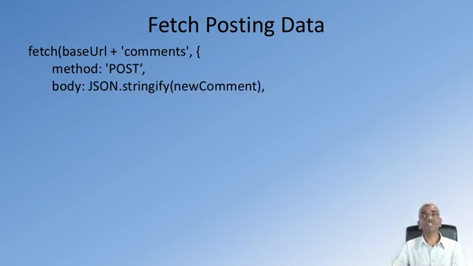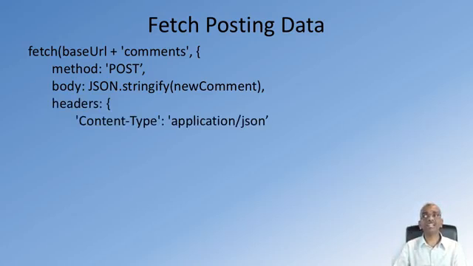Then you can even specify the body of the outgoing request message. In this case, I am taking a new comment, which is a JavaScript object, stringifying it and converting it into JSON, and then putting it into the body of the outgoing request message.